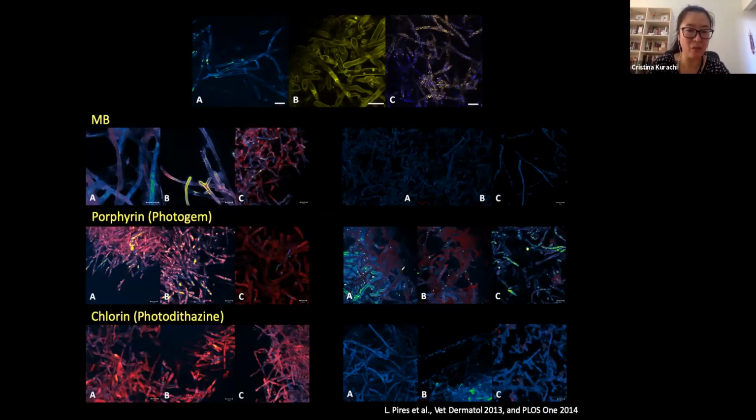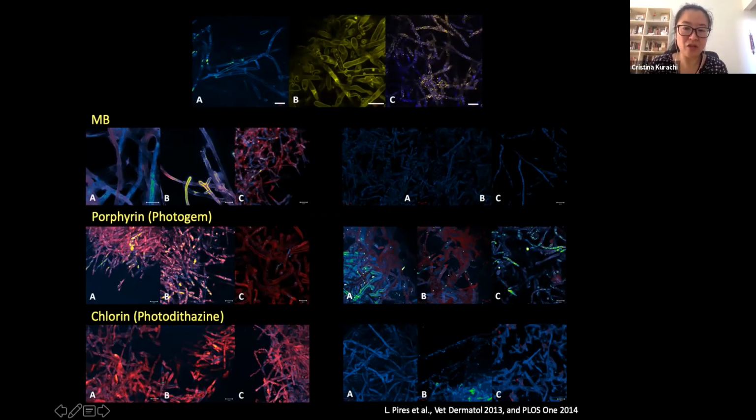Porphyrin got a higher and more homogeneous distribution, but in the end the chlorin, as we saw again here, was the best photosensitizer when we consider its distribution in this kind of biofilm growth of the Pythium insidiosum.